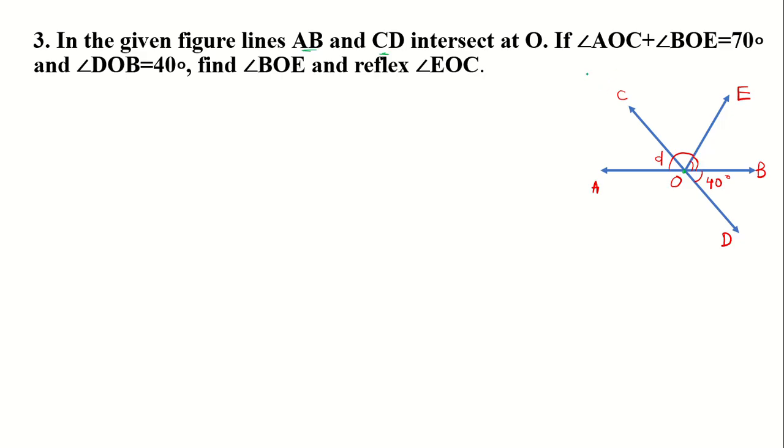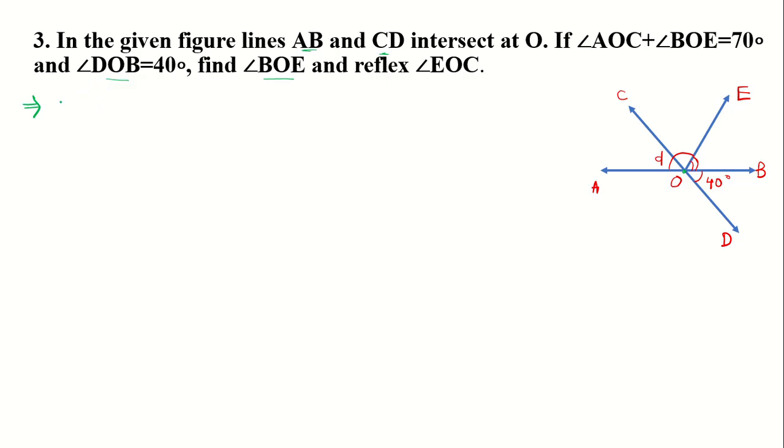Next, if angle AOC plus angle BOE is 70 degrees and angle DOB is 40 degrees, find angle BOE and reflex of angle EOC.